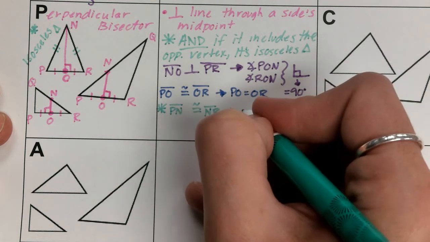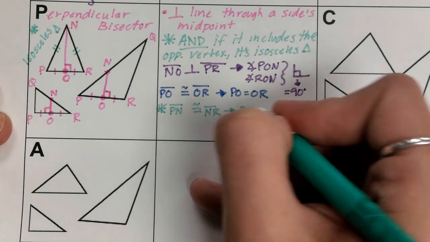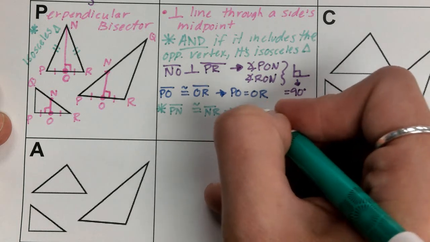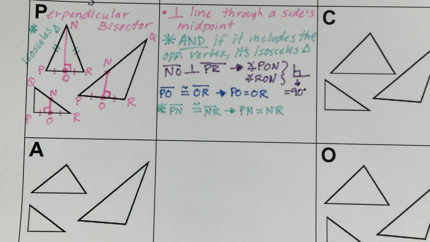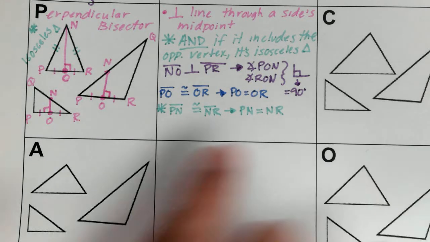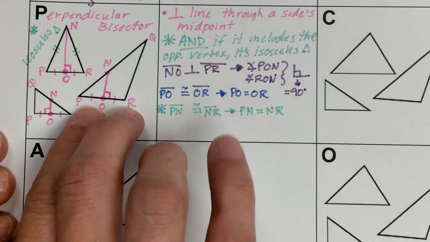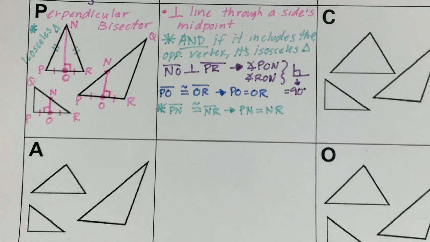Again, remembering that congruent segments are going to have equal measurements. Okay? That's our special case, and like I said, this is the perpendicular bisectors. You're looking for the 90-degree angle and the congruent segments all on the same side.